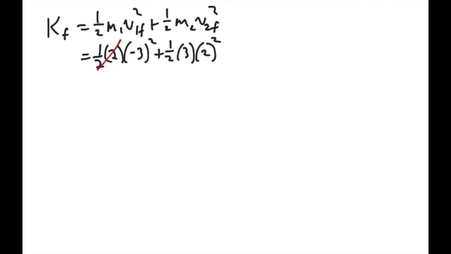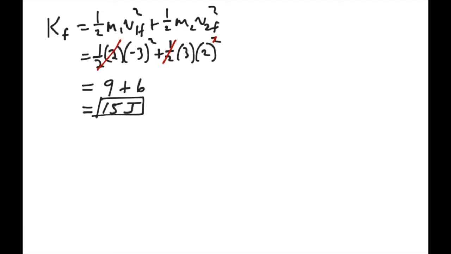The 1/2s cancel over here, and one of the 1/2s and 2s cancel over there. And so negative 3 squared would be 9 plus 6, or 15 joules. That's our final kinetic energy.